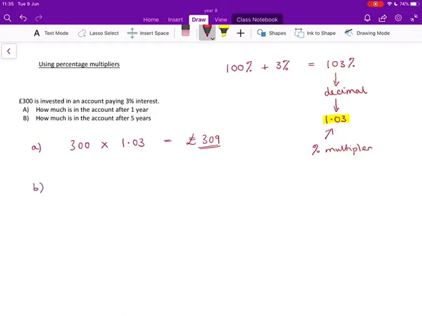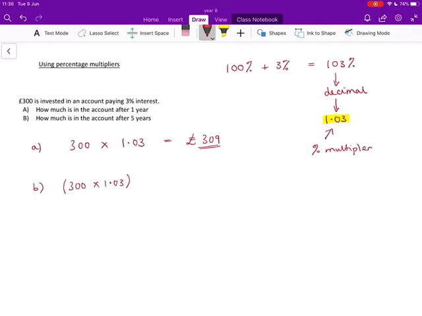Part B then says we're putting the £300 into the account, but this time we're not going to take it out after 1 year, we're going to take it out after 5 years. So if we think back, this was what we had after 1 year. What we'd then do is take that amount of money, which was £309, and put it in the account and add on another 3% to get to the amount at the end of the second year.